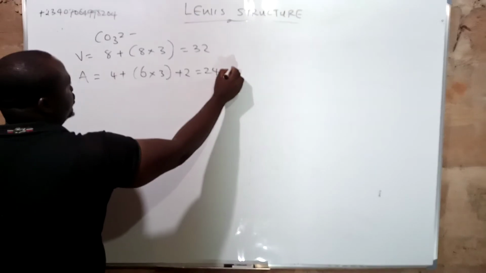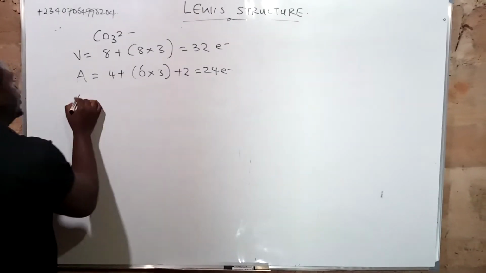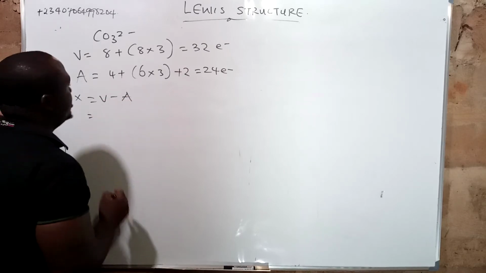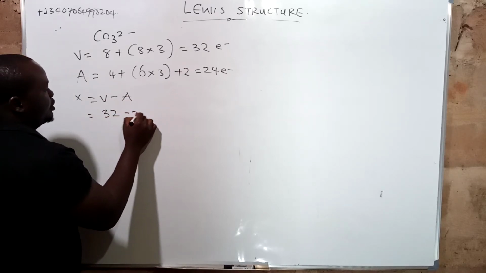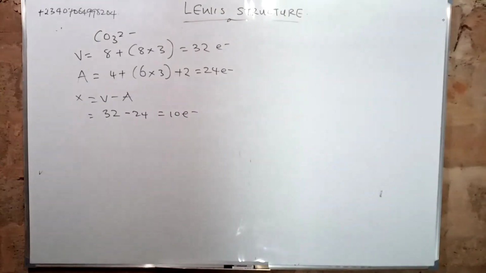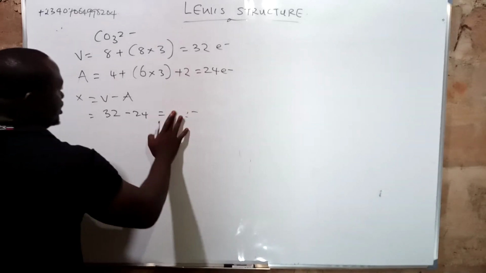I'll give you 24 electrons. So your S, which is V minus A, is 32 minus 24. That should give you 8 electrons.